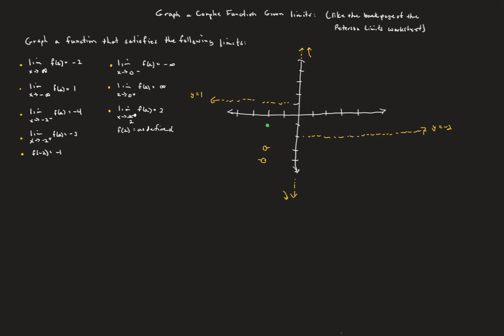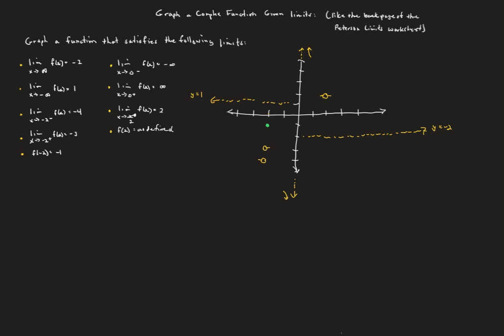So that means as we approach 2, it wants to be 2. I'm going to put an open circle there and a tail on each end. I don't know yet if the actual value of the function is going to be 2 or not. So I'm going to leave that to be determined later. And now we can see here that it's actually undefined, so I do need to leave it blank.